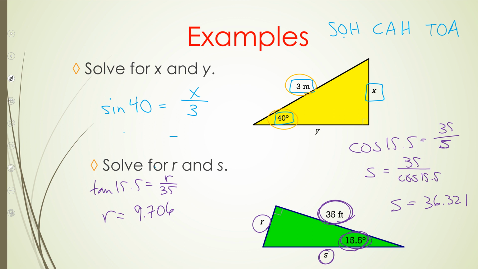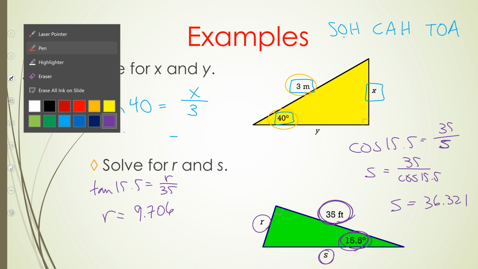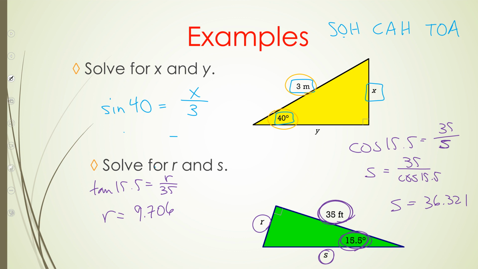Multiply both sides by S, then divide by the cosine of 15. I'm just giving you a way to cut out the middleman. You can cut out the middleman by doing the switcheroo. The switcheroo takes the denominator and switches it with the other side. So the denominator and the other side switch spots. And then you pick up your handy dandy calculator, boop, boop, boop, you're done.